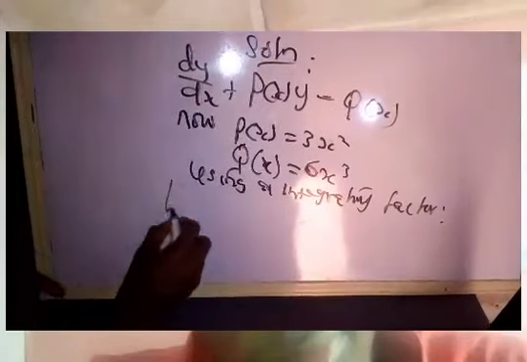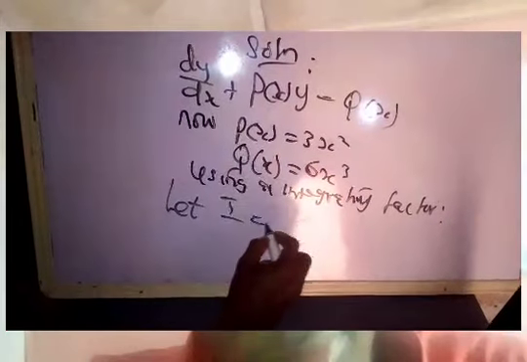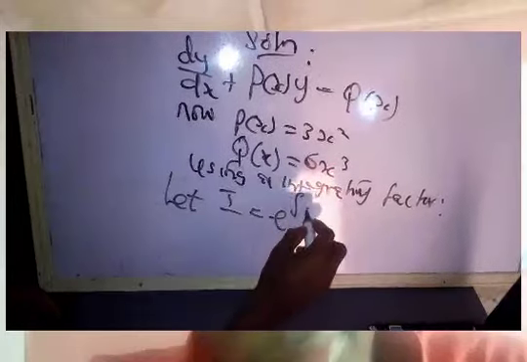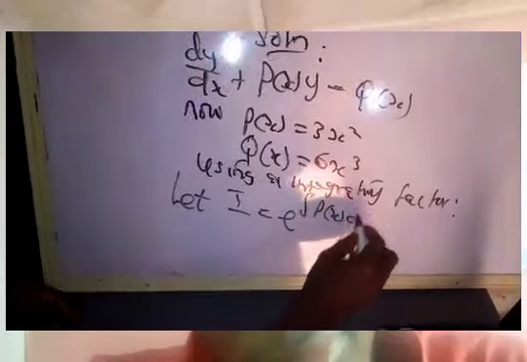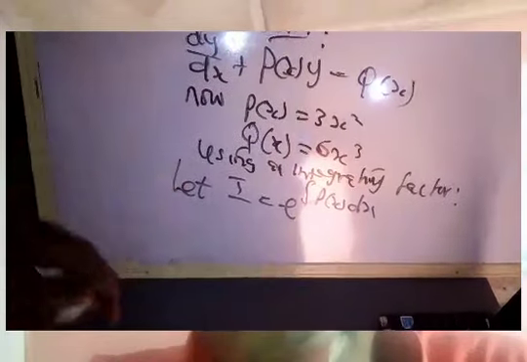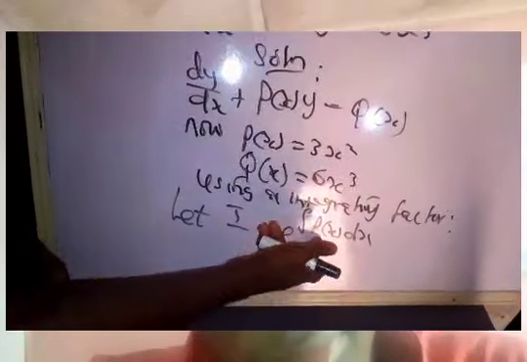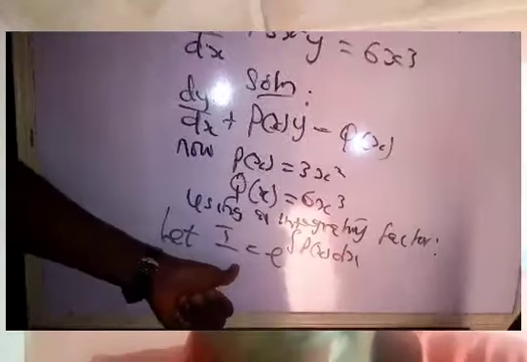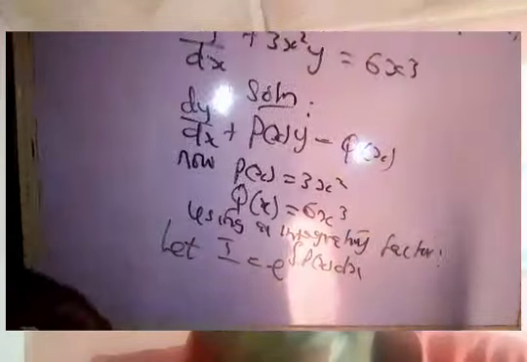The other time we said let I equal e raised to the integral of P of x dx. This is our integrating factor, where our P of x is 3x squared. So we are going to use this to solve this equation.